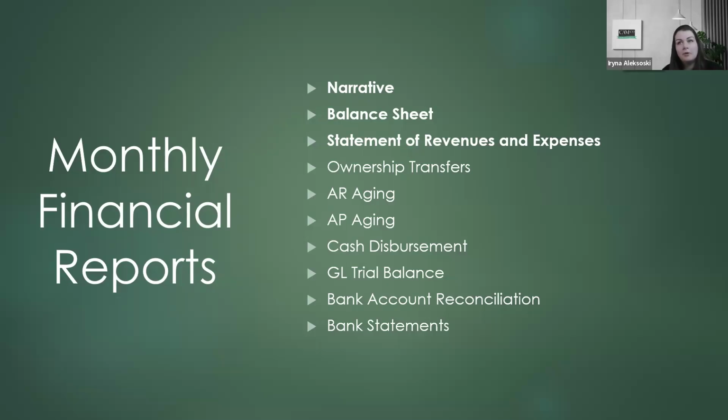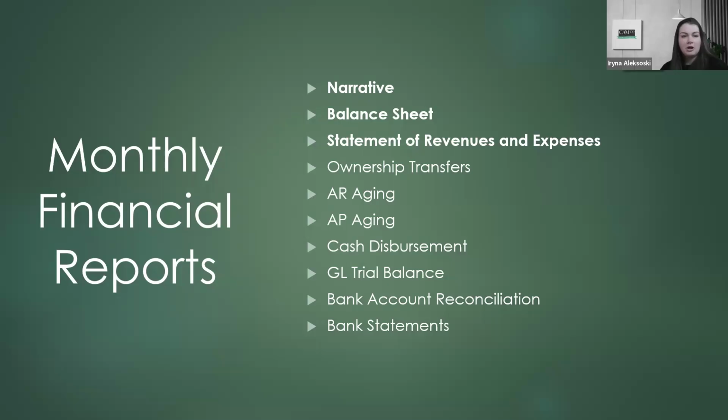The following report after that is going to be the AP aging. So that report is basically going to show you any invoices that have already been recorded and are on your financial statements, but the physical cash has not been paid out yet. So if we received an invoice August 31st, it's highly unlikely that the payment's going to be made that same day because it takes time to process it.